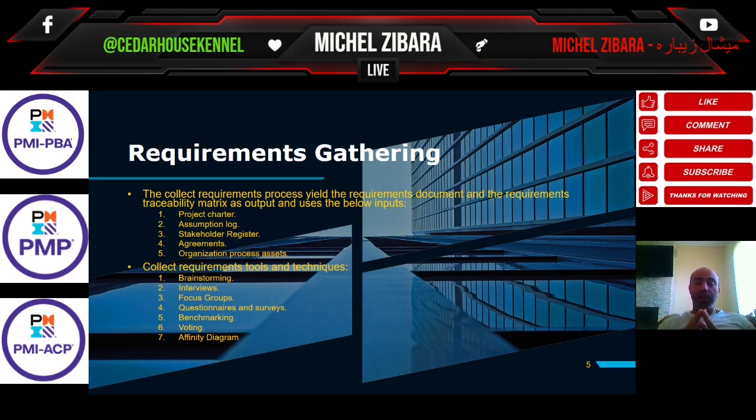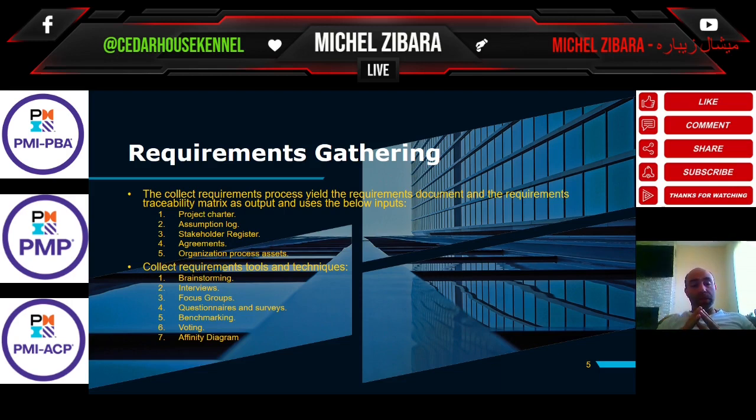Agreements will, of course, influence the requirements, and so will the organization process assets. Okay, political, economical, sociological, technical, legal, environmental, all of these are organization process assets, external and internal.